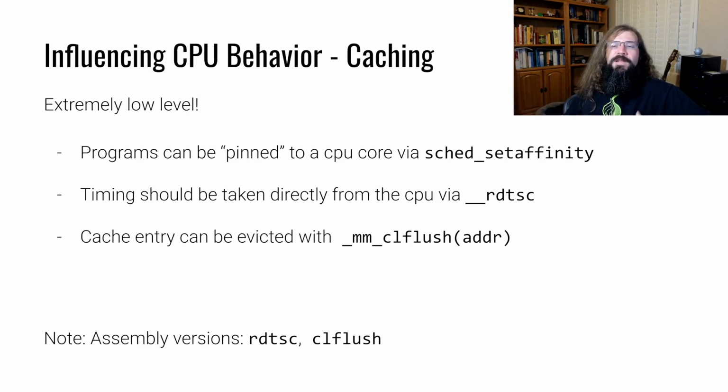And so to evict a larger value from the cache may require a for loop that is going to loop over every 64 bytes of this larger value and call CL flush. And you want to make sure that the addresses you are calling these CL flushes on are 64 byte aligned.